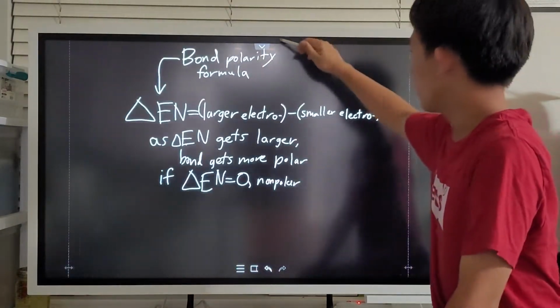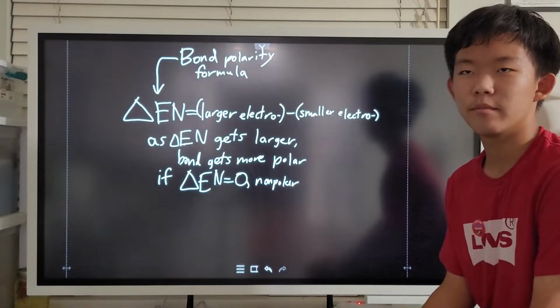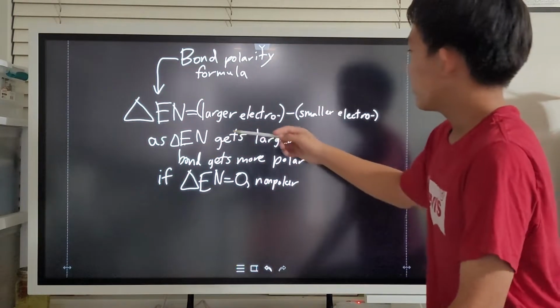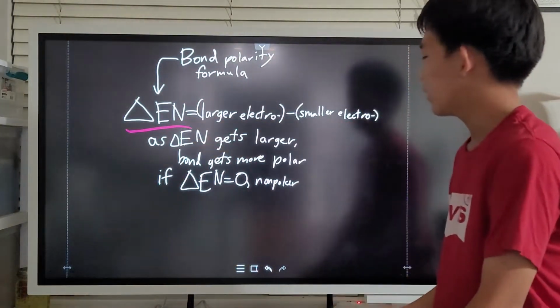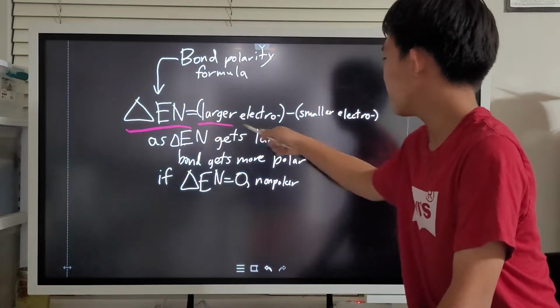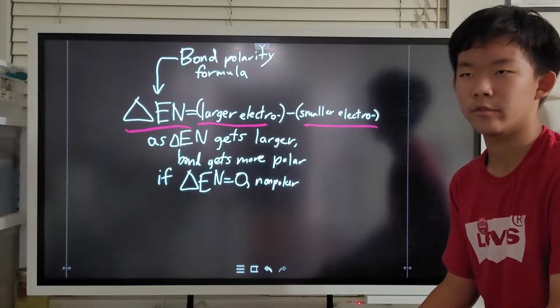To find bond polarity, we have a very simple formula that even elementary schoolers can do. The bond polarity, delta EN, is basically the larger electronegativity minus the smaller electronegativity. I know, even a preschooler can do subtraction.